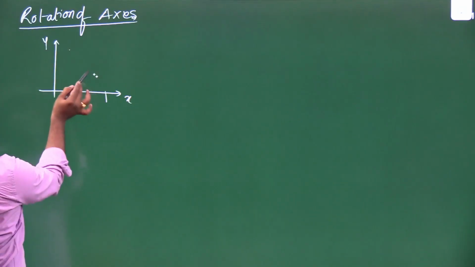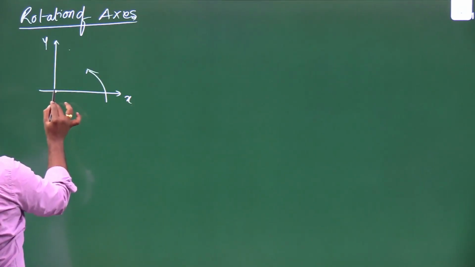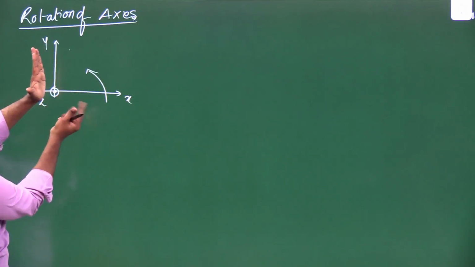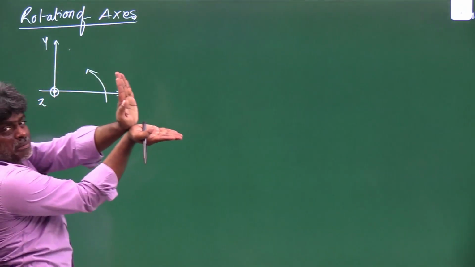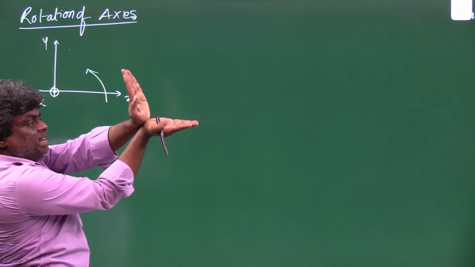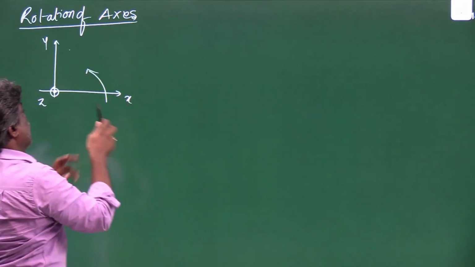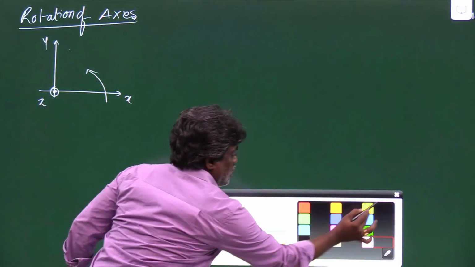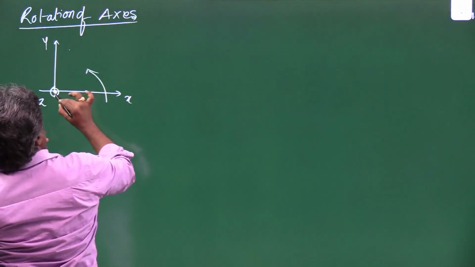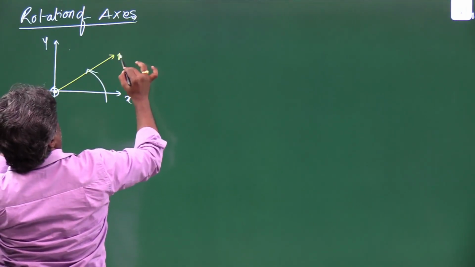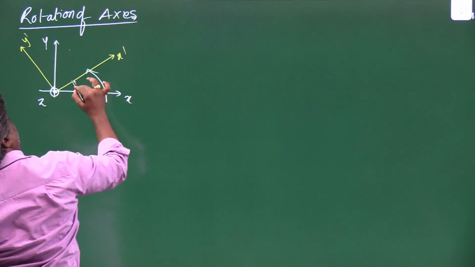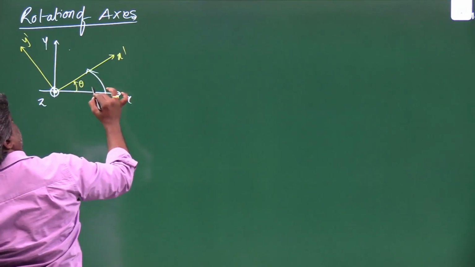I am rotating this frame about z-axis. So this is the frame, okay. Now xy plane. Now I am rotating like this. So I am rotating about z-axis. Is it clear? Yes. Then if you are rotating in the anti-clockwise direction, this will be your new x prime, this will be your new y prime, and you rotated through an angle theta anti-clockwise.